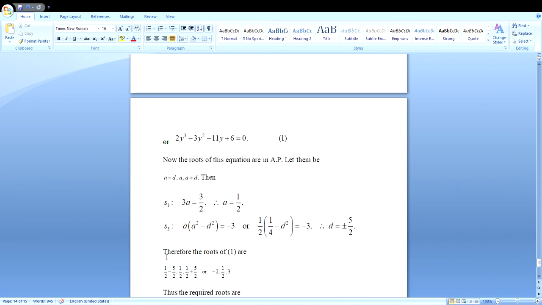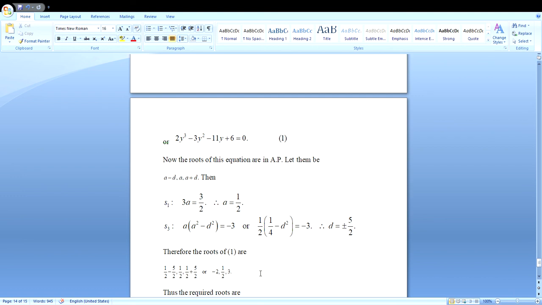That is, the roots of the transformed equation, equation 1, are given by a minus d, that is 1 by 2 minus 5 by 2, then 1 by 2, and 1 by 2 plus 5 by 2. Simplifying, 1 by 2 minus 5 by 2 is minus 2, the second one is 1 by 2, and 1 by 2 plus 5 by 2 is 3.